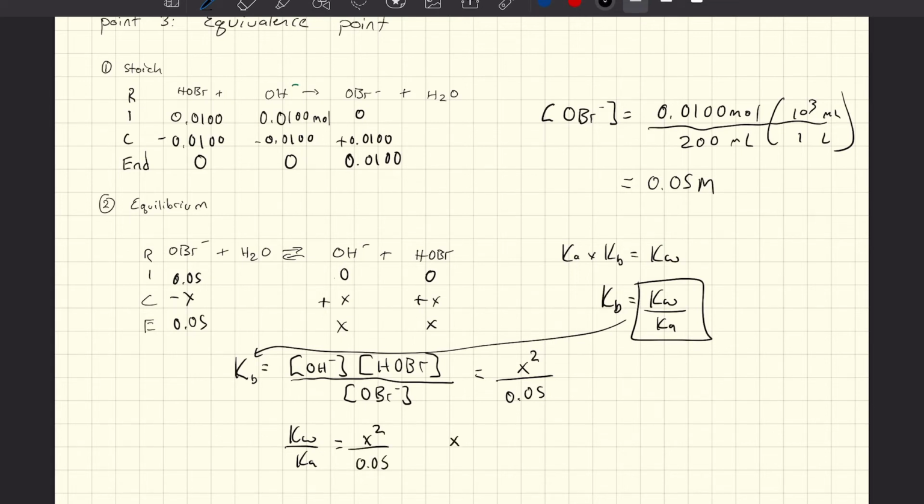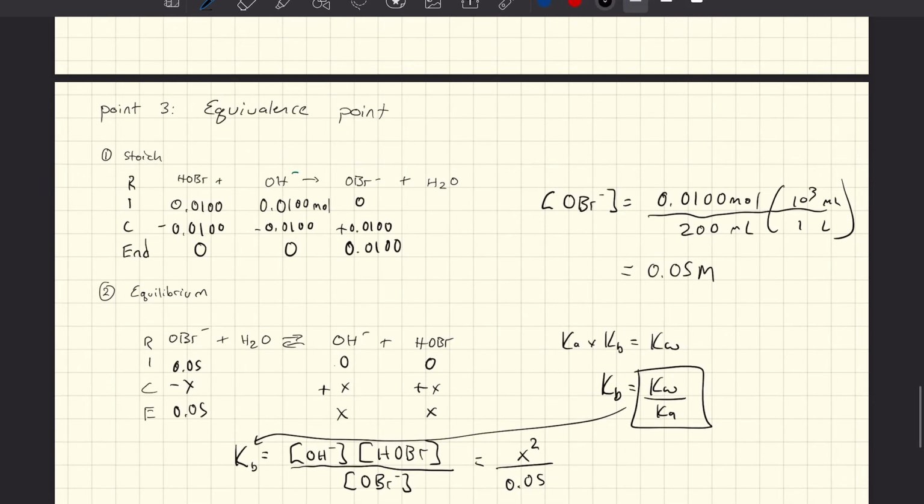And when you do that, x is the square root of Kw times 0.05 over Ka, which equals 5 times 10 to the minus 4 molar. Okay, so pH then for this would be 10.7.